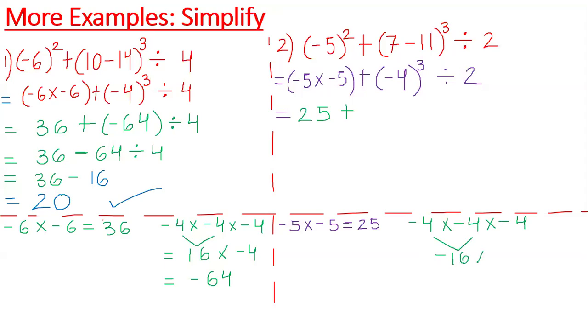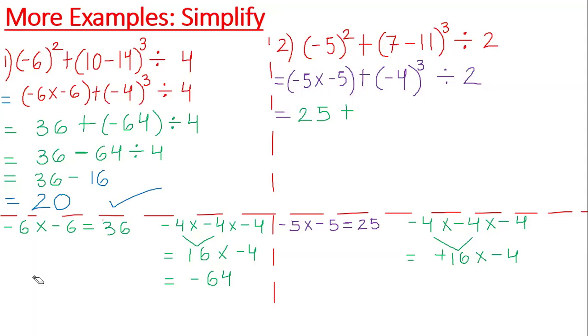Negative 16 times negative 4? Oh, I'm so sorry. Negative 4 times negative 4 is positive 16. Supposed to be positive 16.